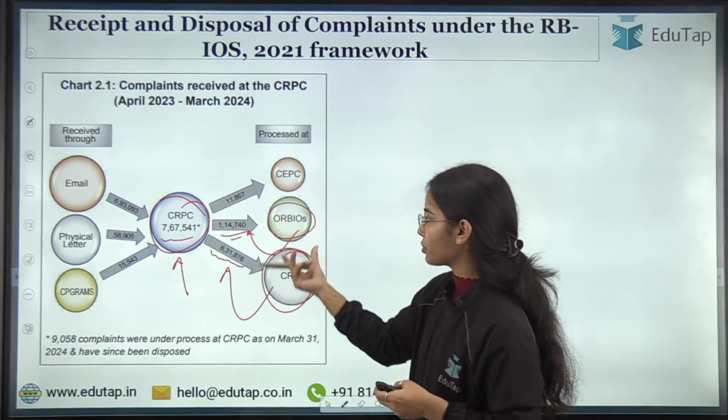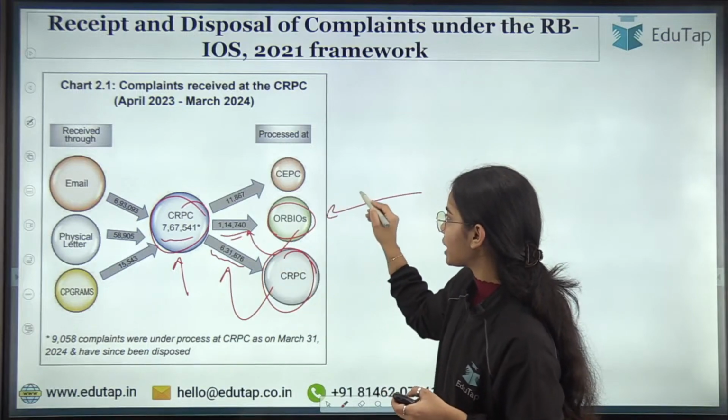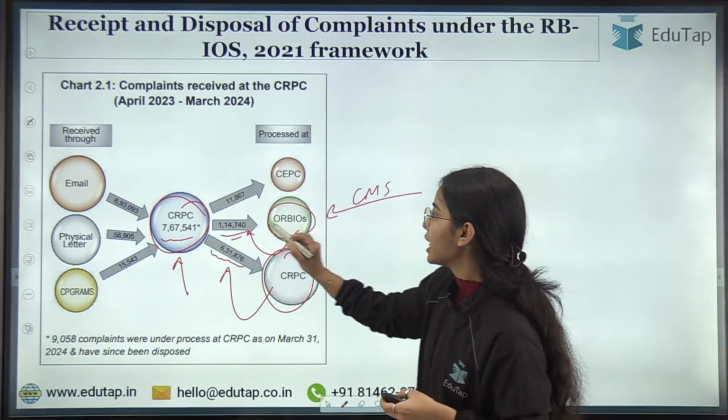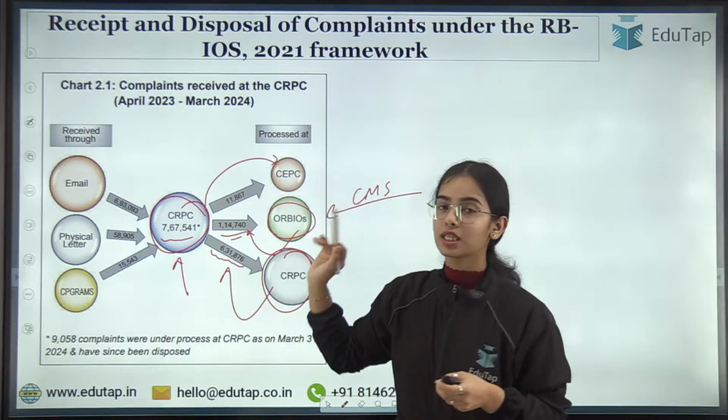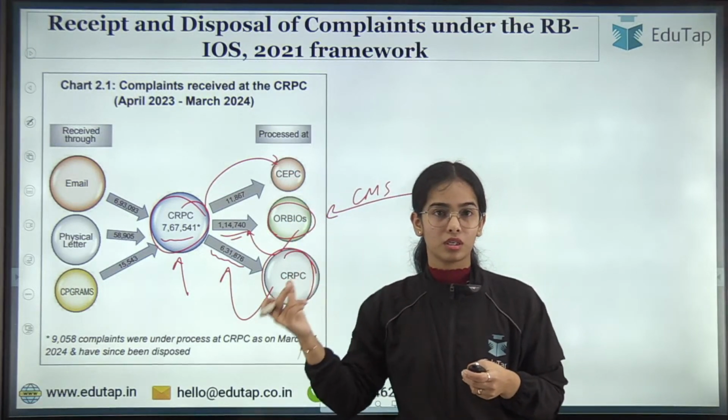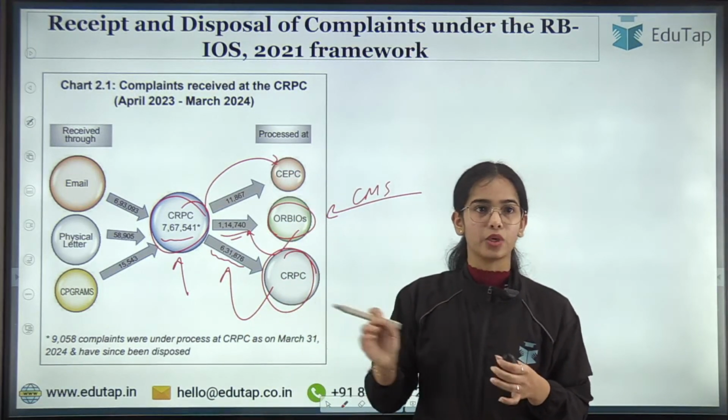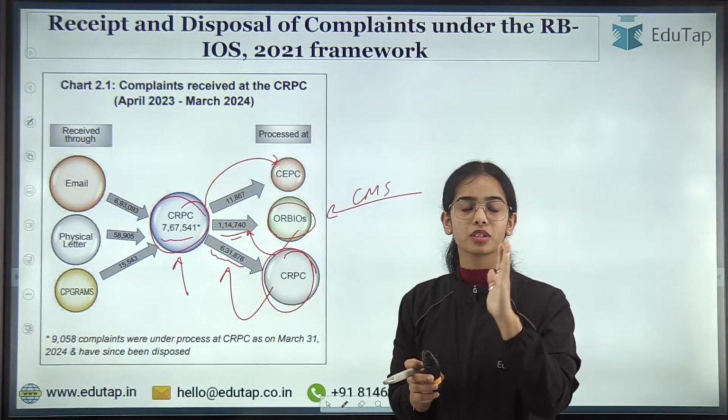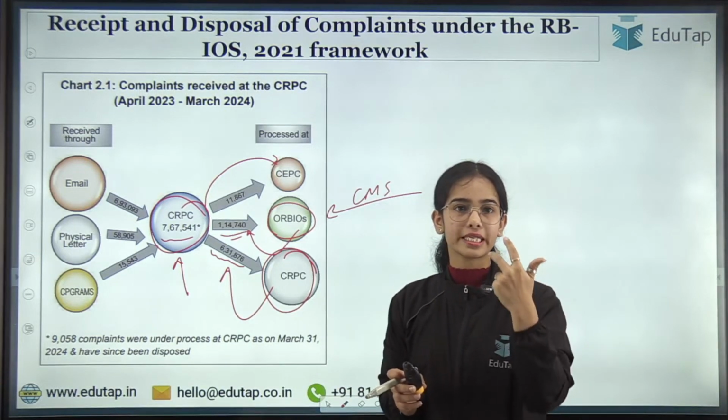Offices of the Ombudsman handled 1,14,740 complaints from the CRPC. The rest of the complaints were received from the CMS, and the CRPC also sent complaints to the Consumer Education and Protection Cell. The CRPC received complaints by email, physical letter and CP-grams.